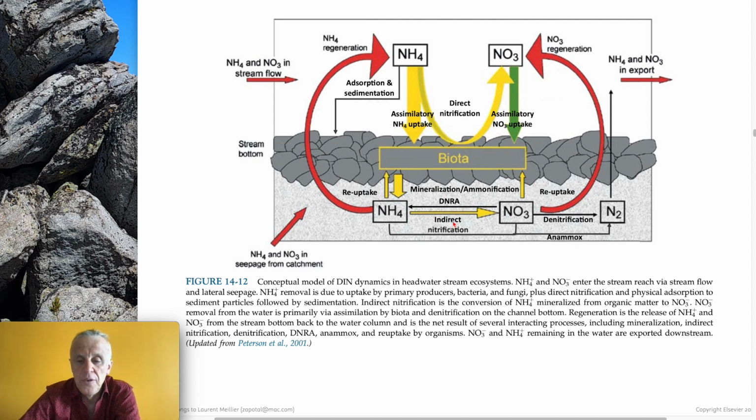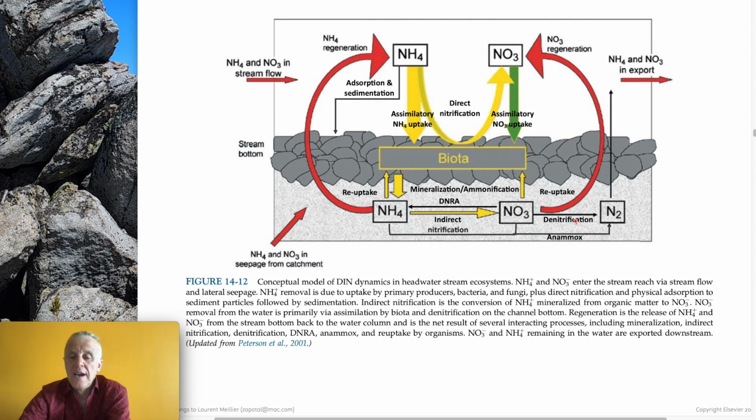Then we have ammonium to nitrate through indirect nitrification. So here we have a direct nitrification process with the biota, and here we have an indirect nitrification process without, not really with biota per se. And then we have mineralization, ammonification, and the DNRA process from nitrate to ammonium.